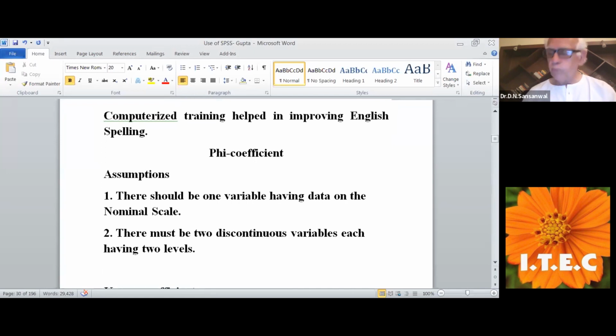So that means both the variables are dichotomous. Dichotomous means which are divided into two parts.